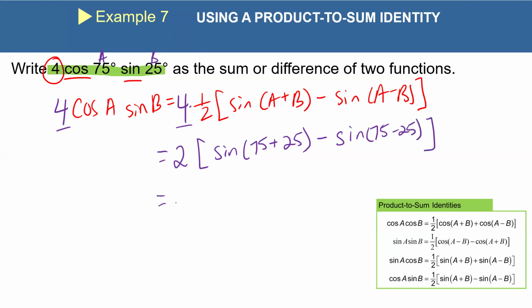And we keep going, and we get 2 times the sine of 100 minus the sine of 50. And if it doesn't ask for an exact value or anything, this is where you stop. You can't go any further.